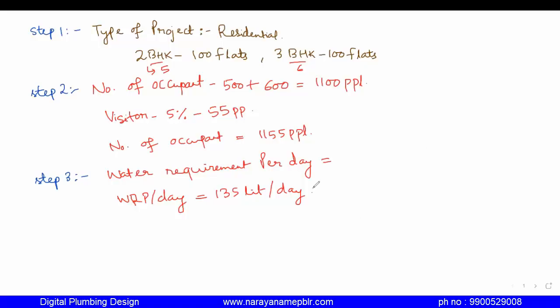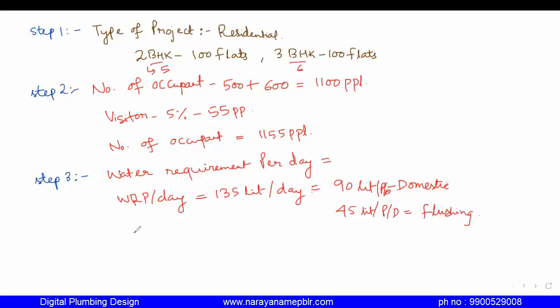So here 90 liters domestic and 45 liters flushing, per person per day. Now tell me, the domestic water requirement is how much?